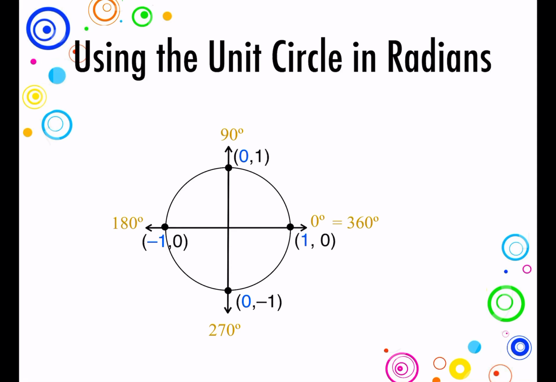Now, if I were to convert each of those angles to radians, these are the radians that I would have. Well, 0 degrees is the same thing as 0 radians.